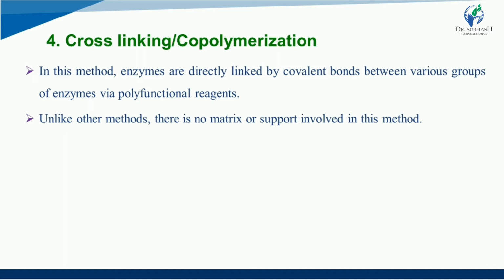Till now we have been studying that you need a matrix or support, but in this method you will not need any support or matrix. Why? Because, as you can see in the first point, the enzyme will be directly connected by covalent bonds between various groups of enzymes via polyfunctional reagents.